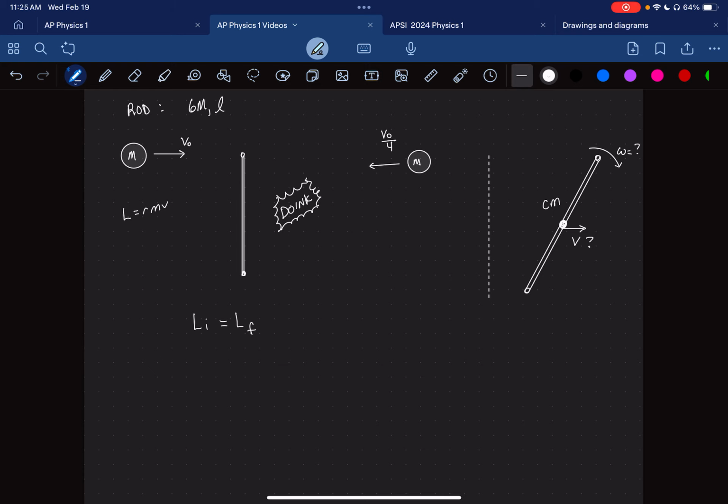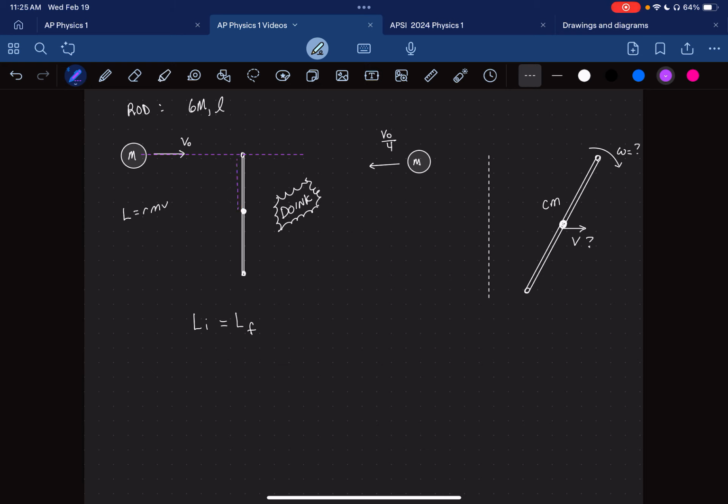Question is, what is R? And so you can pause the video, think about it for a minute. The center of mass is going to be our axis of rotation, so that would be here. Here's the line of action of V. R is the distance from the center of mass to the line of action.